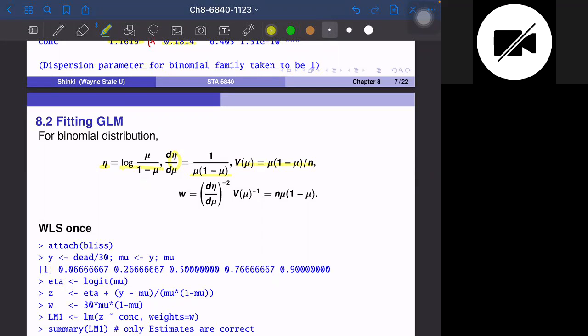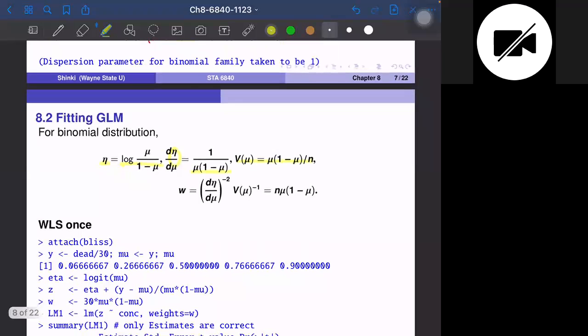You can see that this function is maximized when mu is 1/2. So 50% probability is the most uncertain situation, and the variance is highest. Mu equal to 0 or 1 means no variability.